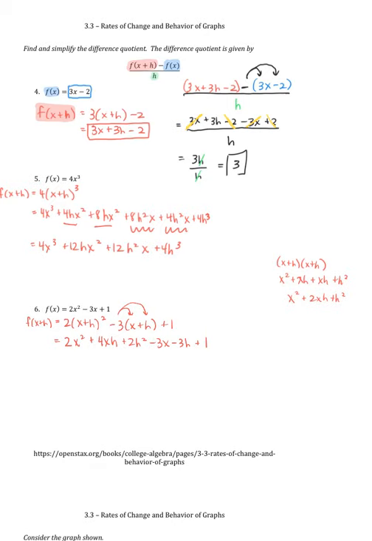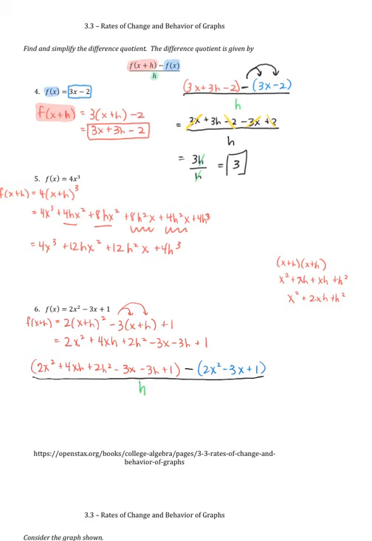So I'm going to have f of x plus h minus f of x all over h. So we'll have 2x squared plus 4xh plus 2h squared minus 3x minus 3h plus 1 minus f of x, which is 2x squared minus 3x plus 1, all over h.